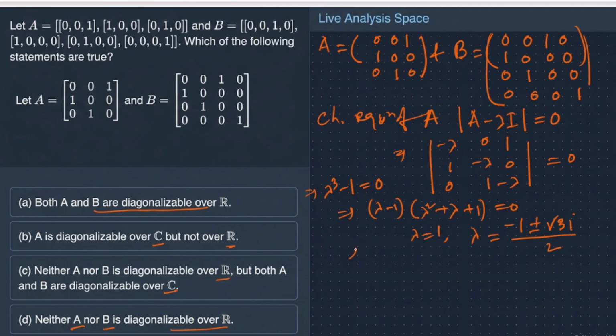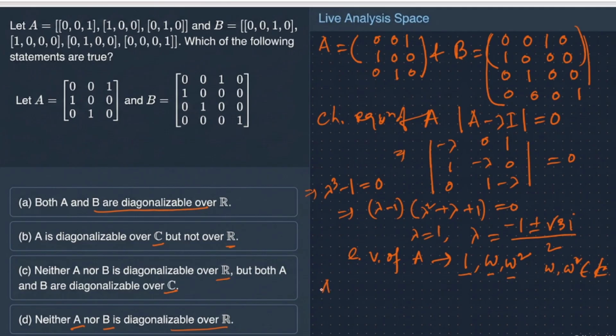Therefore, the eigenvalues of A are 1, omega, omega square. Here omega and omega square belong to C, but 1 is real. All three eigenvalues are distinct.